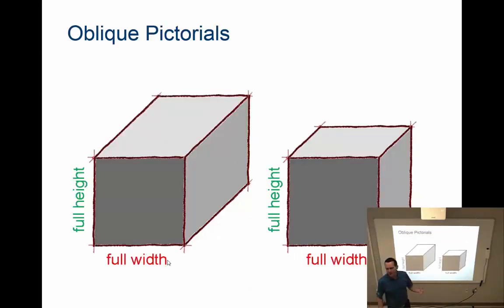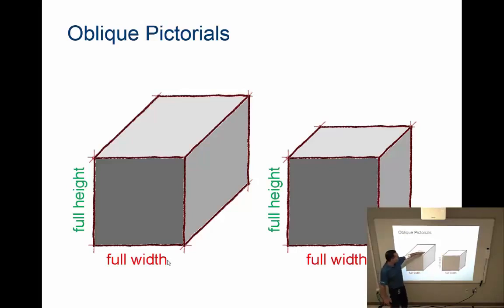People ask, well, why do that? Why would you not draw the actual size of the object when it comes to depth, especially if you're doing the true height and the true width, or the full height and the full width of that object? The reason for it is that drawing the cabinet is going to make it look more realistic. If I were drawing, let's say, one wooden cube, and I look at the two drawings, this one doesn't look as realistic as the cabinet oblique.